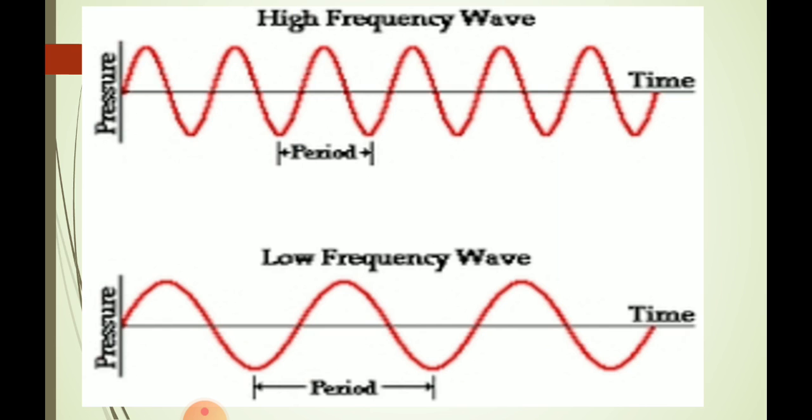Therefore the pressure created on the medium is low, therefore the frequency is also low. If we shout, or if I am singing, that means the frequency is high. If I am speaking very low, in a low volume, then the frequency will be very low. This way you could see high frequency waves and low frequency waves.